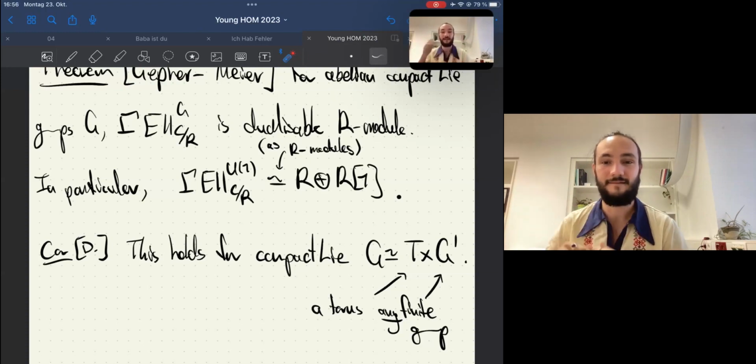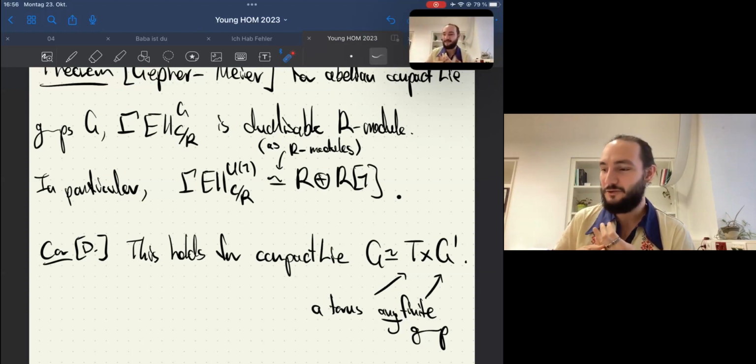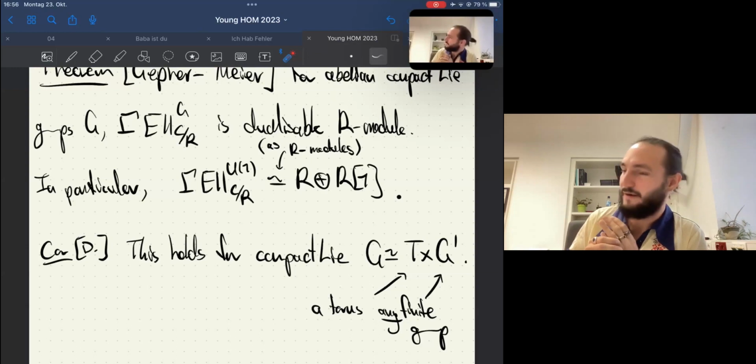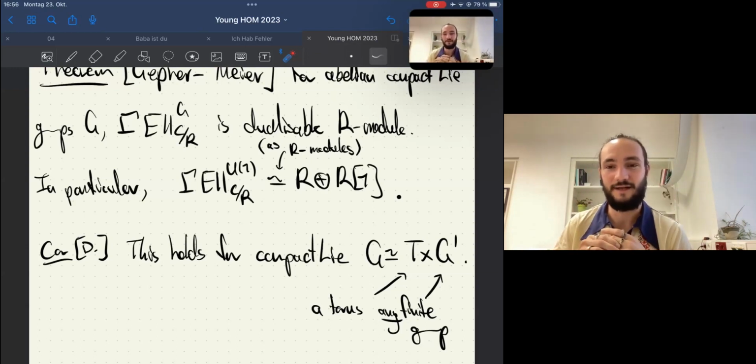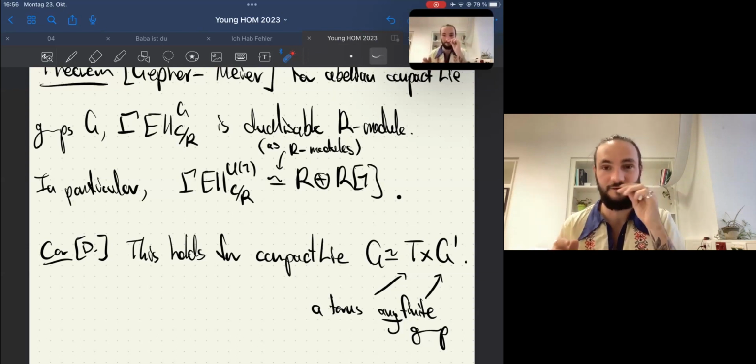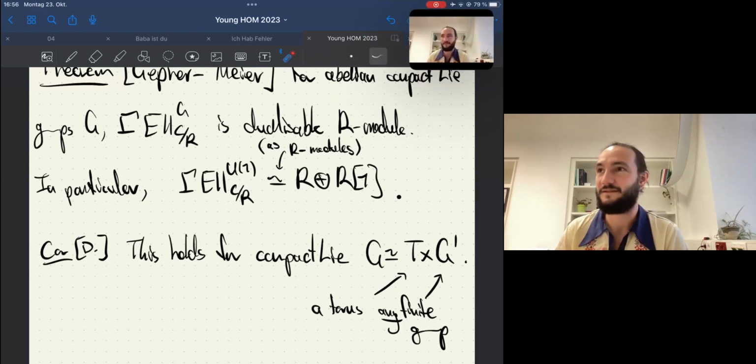Choosing an orientation for your elliptic curve will be the same as choosing an orientation for the underlying formal group. Is that true? Yeah, that's part of the definition. I would need to double check that, but these things are related. I think they're the same, but at the very least they're related.